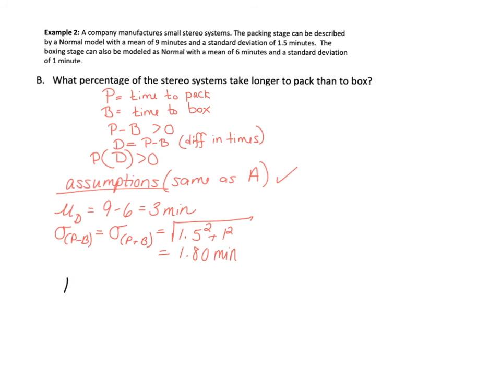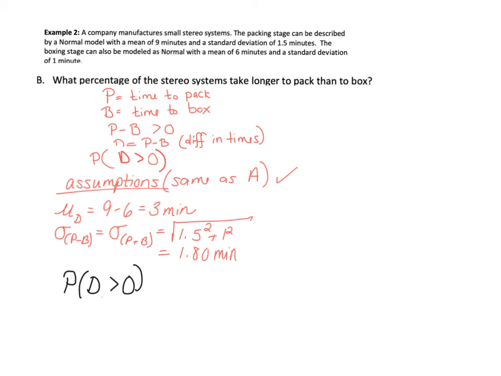So what am I looking for? I want to know the probability that D is greater than 0. That needs to be in parentheses, and I just noticed up above that I did the same thing. So let me just erase this and say the probability that D is greater than 0.